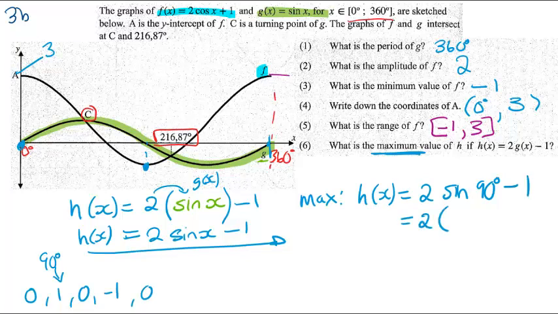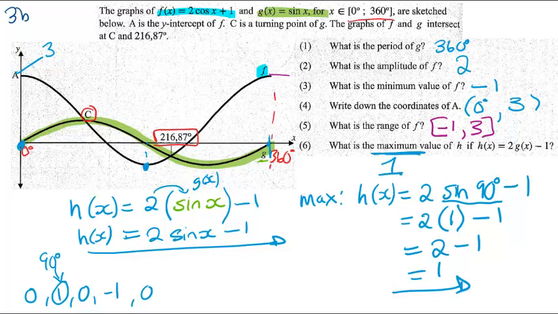So that's 2 sine of 90, which translates into 1, I know this from my pattern, minus 1. 2 times 1 is 2, minus 1 gives me 1. So the maximum value for 2 sine 90 minus 1 is +1. That's my answer.